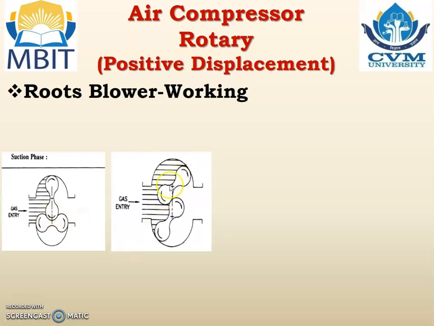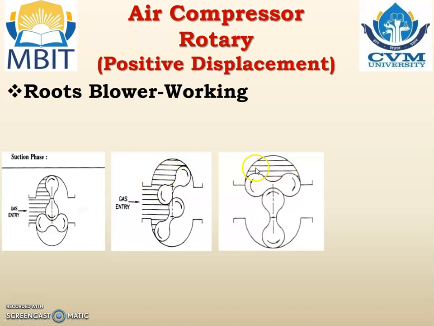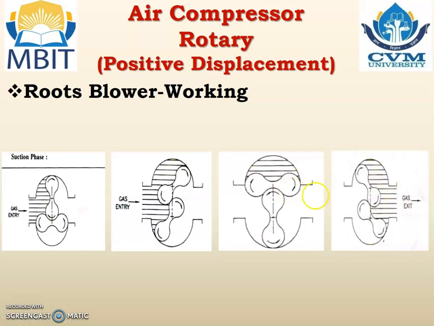So this second phase is the movement of a rotor along with the electric motor. Now in the third step you can see air or gas has been entrapped between rotor and casing. Now along with the rotor it has to move from left hand side to right hand side, and then it comes out from the discharge. So this is how the roots blower works.